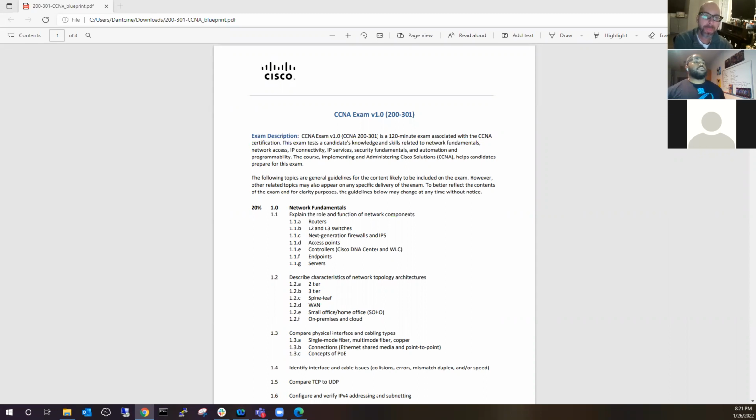Layer 2 switch. A layer 2 switch is going to filter, forward, or flood unicast, broadcast, or multicast traffic.